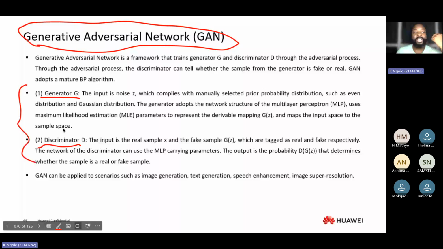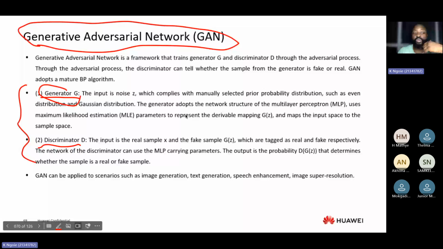The generator generates fake data that is really similar to the data that you have. For example, if you have data of cats, it generates fake images of cats. And the discriminator determines whether the generated image is real or fake. That's how it works.